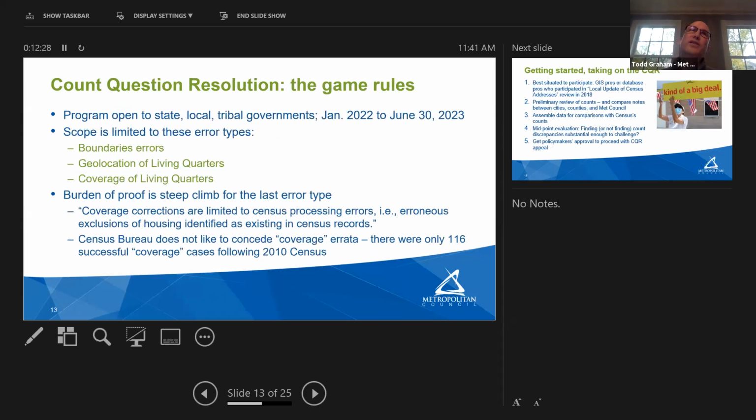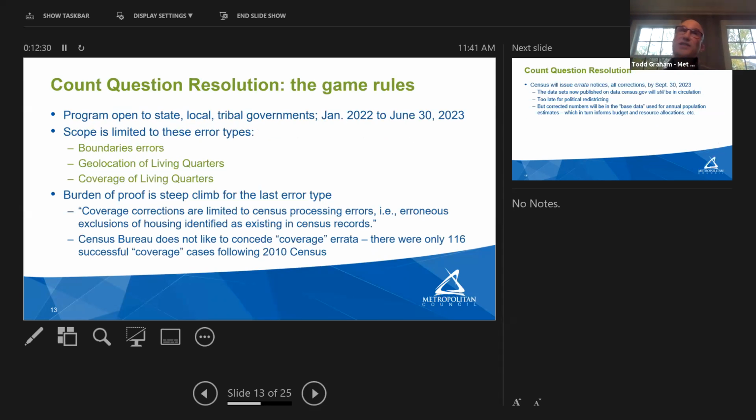So now we get to the catch. Census Bureau itself writes the rules for the process and acts as the judge and jury in deciding, okay, what are we going to do about these issues that cities or counties have brought us? So we expect Census Bureau is only going to issue very limited errata corrections.